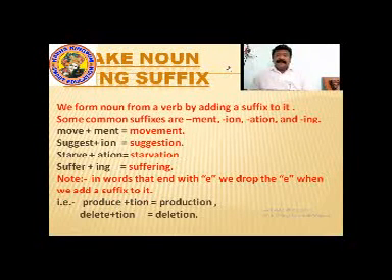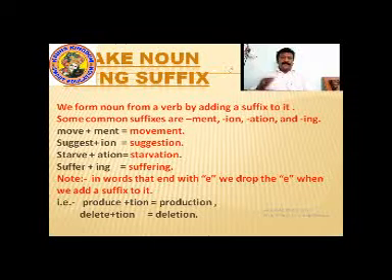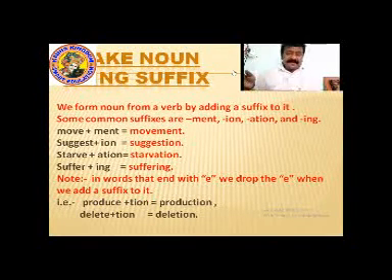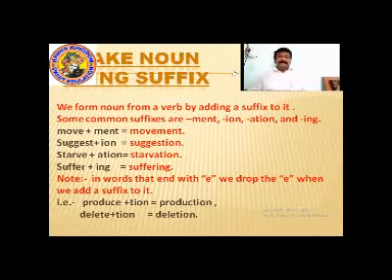Write it down and remember the suffixes used: ment, ion, ation, and ing. There are more suffixes, but these are the common suffixes in day-to-day life and in our studies. Going ahead, we will learn more about suffixes and prefixes. Please write it down properly.